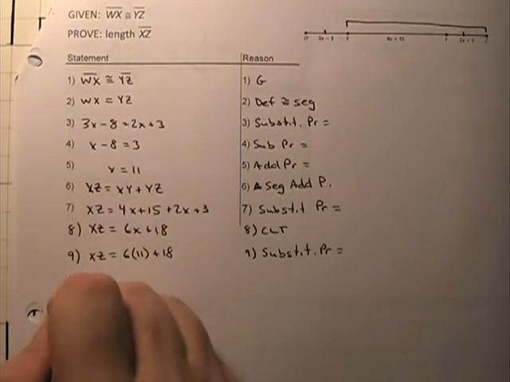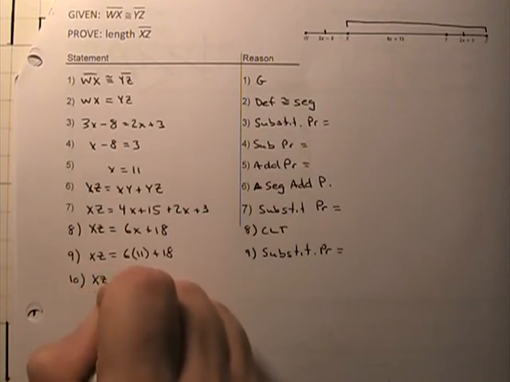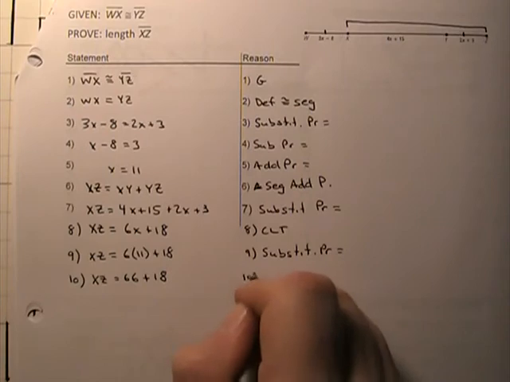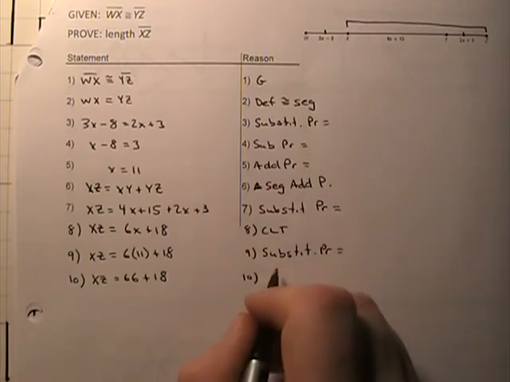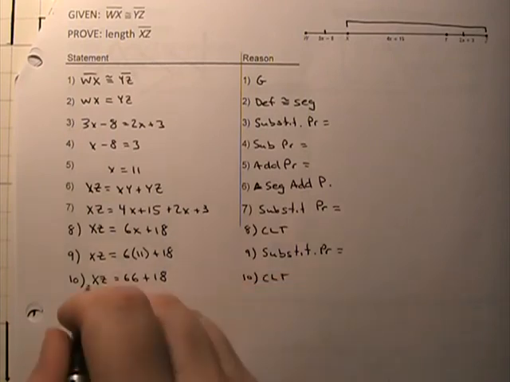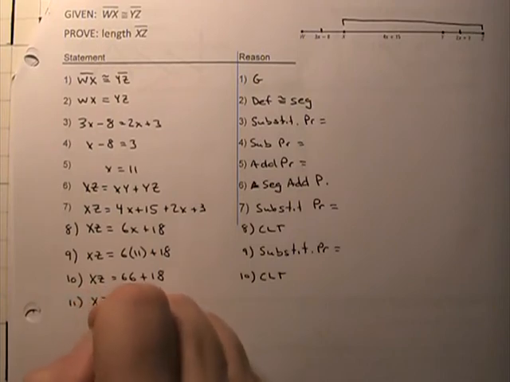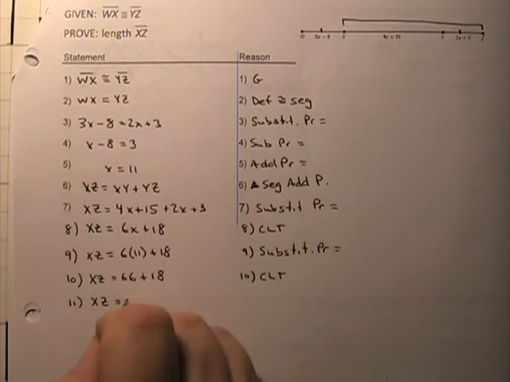Multiply it out. So it's just combining like terms again. And that's 84.